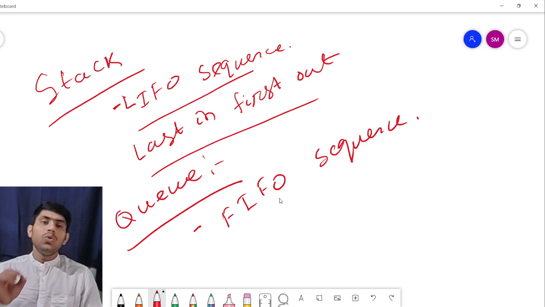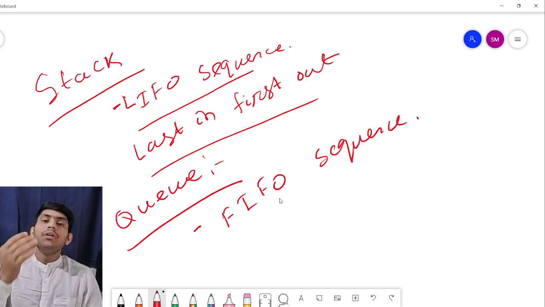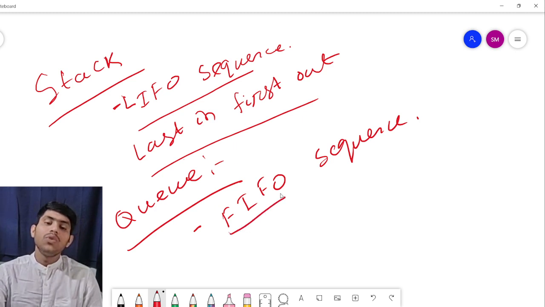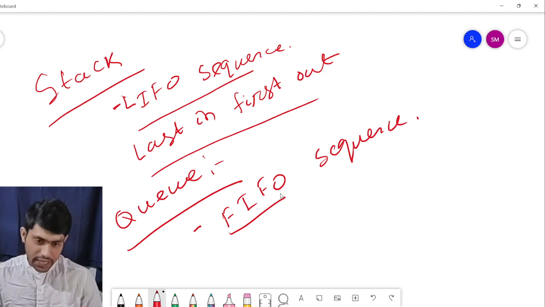The elements that enter the queue first get out of the queue first. That is called the FIFO sequence. Okay, it is also a linear dynamic data structure, and it follows the FIFO sequence, while the stack follows the LIFO sequence. Now I think everyone is clear about what I explained.